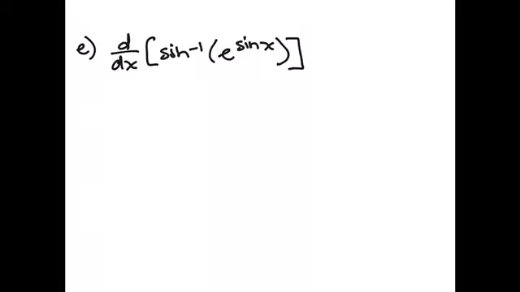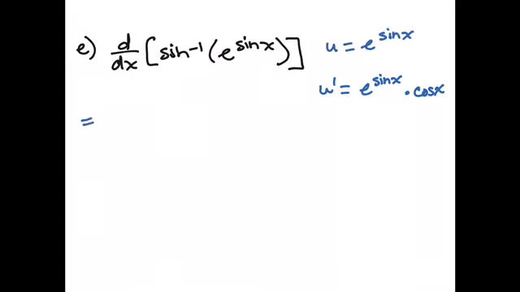Okay, on this problem, we have a chain rule inside of a chain rule. Our u for the argument to sine inverse is e to the sine x. Its derivative then, when we take the derivative of e to the something, we get back e to the something times the derivative of that something. The derivative of sine is cosine x.